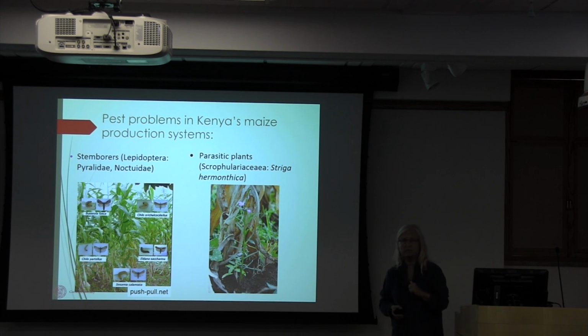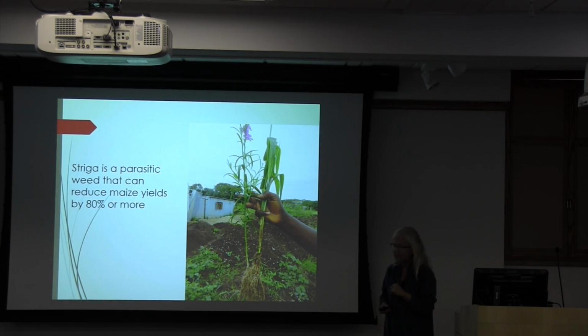And then the other serious problem is striga, which is a parasitic plant. In addition to taking nutrients and carbon from the maize plant, striga is pathogenic. So it actually injects compounds into the plant that disrupt its metabolism.